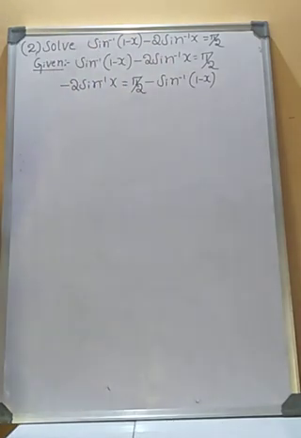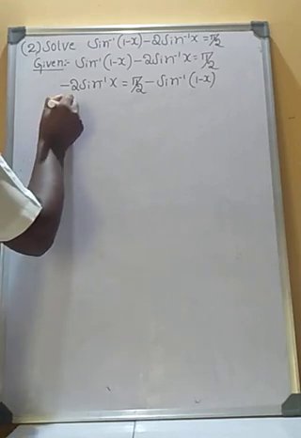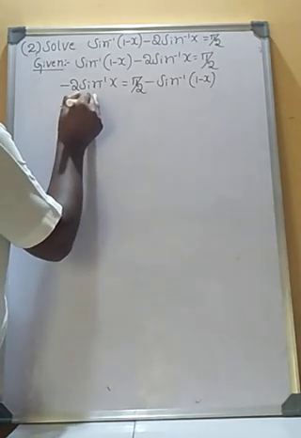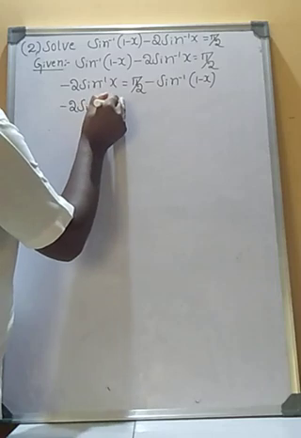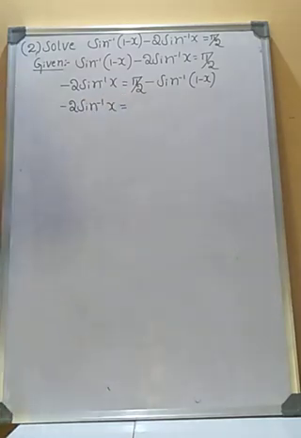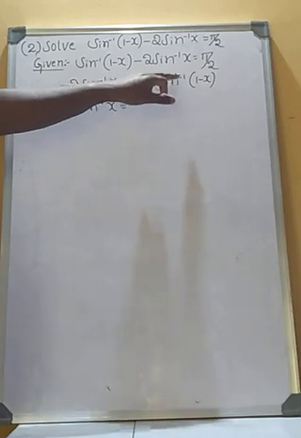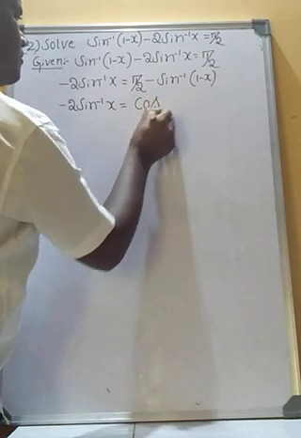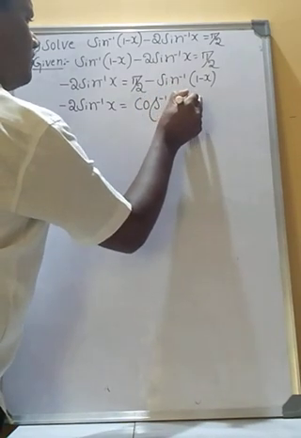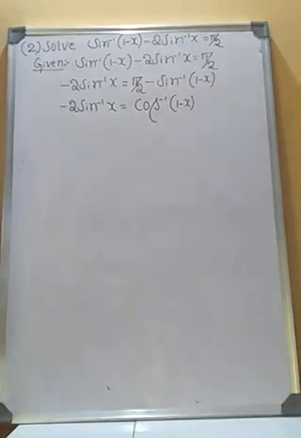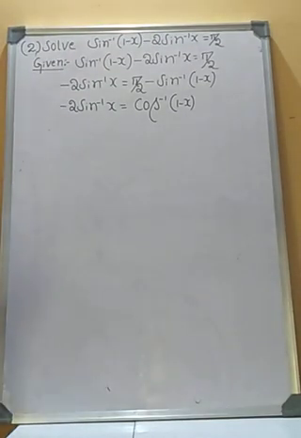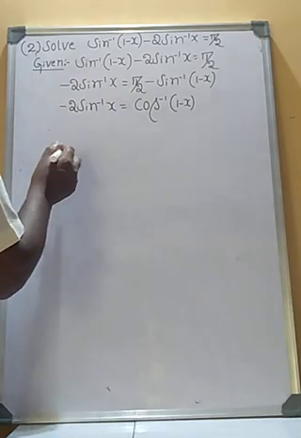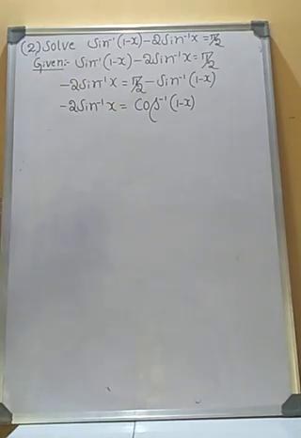So minus 2 sine inverse x is equal to pi by 2 minus sine inverse of (1 minus x), which can be written as cos inverse of (1 minus x). That is the property sine inverse x plus cos inverse x is equal to pi by 2.